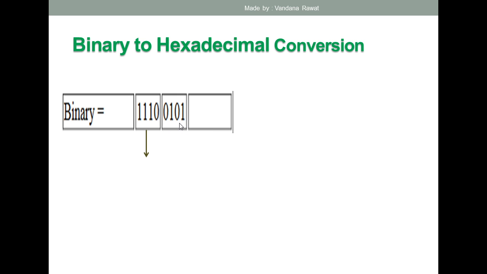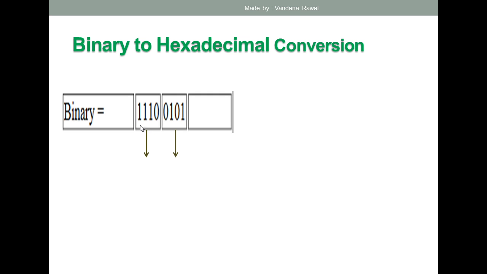So from this side I'm making one group, and the next group will be this. And if you feel that there is only a set of 3, then from the most significant bit side, means from the left hand side, you can add 0, as we did in the case of binary to octal also.